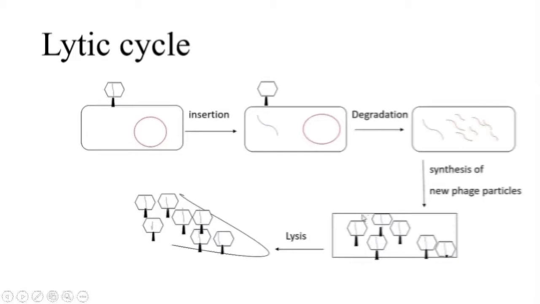During this process, the host cell gradually becomes weakened by the phage enzyme and eventually bursts out, releasing new phage particles into the surrounding environment. In this way, the infected bacterial cell produces new phage particles, and these new phage particles then reinfect other bacterial cells in the environment.